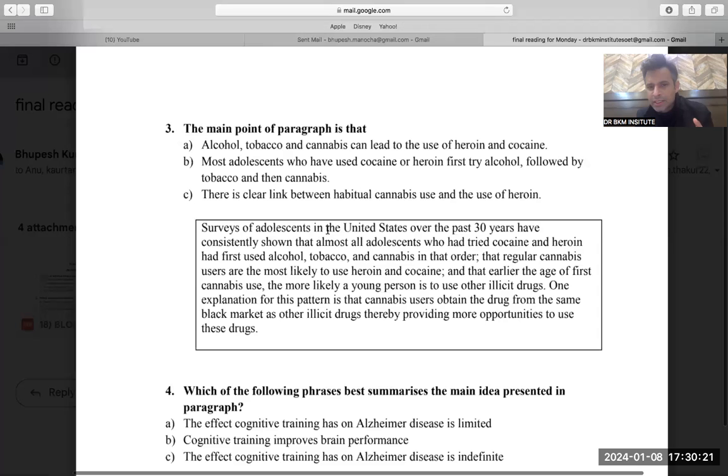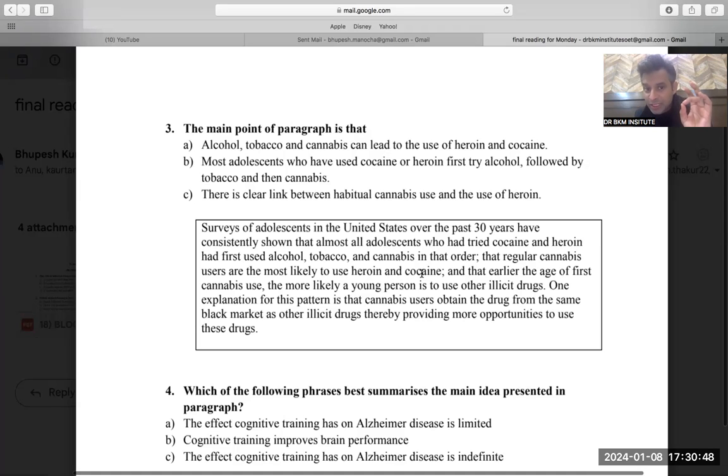It was talking about how, among several adolescents in the United States over the past 30 years, surveys have shown that all the adolescents who tried cocaine or heroin had first used alcohol, then went on to tobacco, then cannabis, and then went to heroin and cocaine.